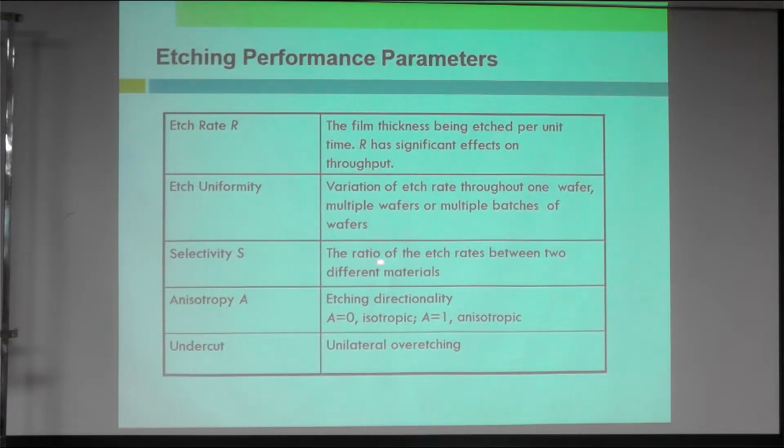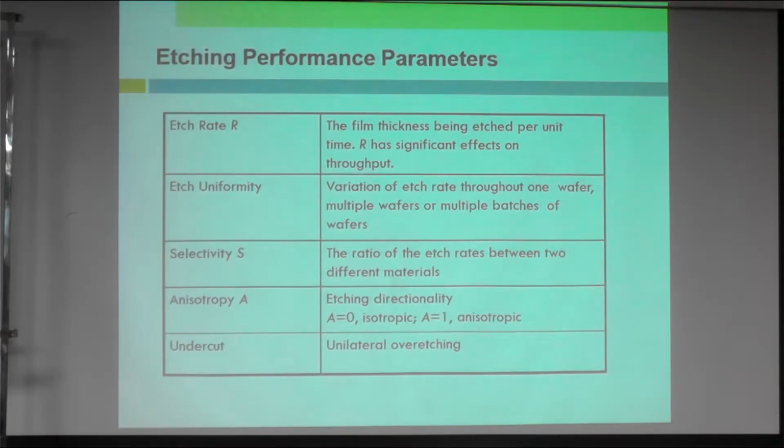So selectivity is the ratio of the etch rates between two different materials. As mentioned, different materials have different etching rates, but you have to cater the process time as well, because with the etching rate, you know that a certain material will be etched faster in comparison with other materials. But if you use a mask, for example, the mask has to withstand a certain time in order for you to etch, to remove, a different thickness.